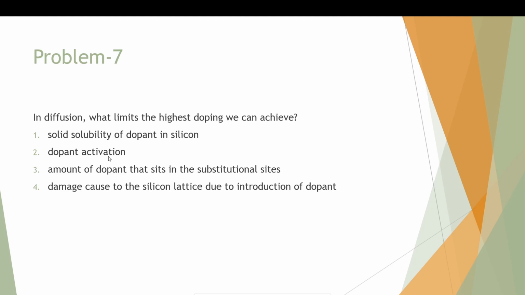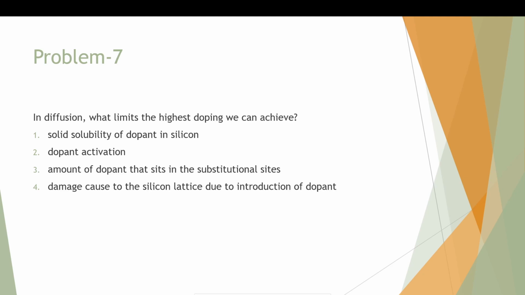Dopant activation. So when we are talking about doping, we don't just want the diffusion of the solid into the bulk, right? We also want it to be electrically active. Say if I'm doping boron in silicon, the amount of boron that gets diffused in silicon will usually be the same as the amount of electrically active boron.